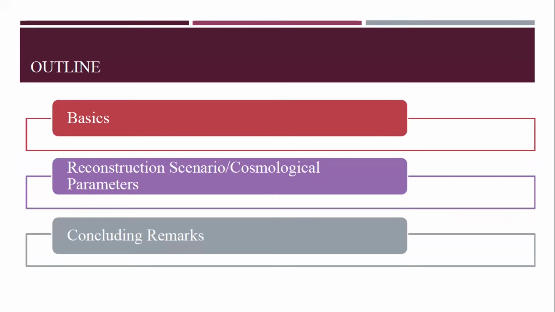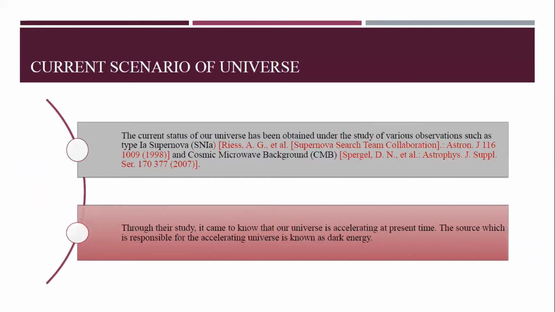So here's the current scenario of the universe. The current status of our universe has been obtained from various observations, such as type Ia supernovae. In its developing process, the universe passes transiently through different phases, eras, namely Big Bang, inflation, radiation dominated phase, matter dominated phase, then tends to the dark energy dominated era, that is the present era.